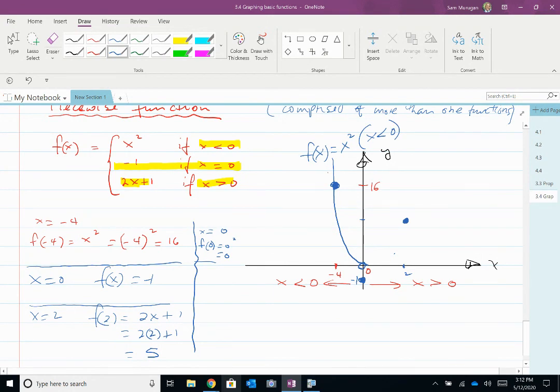Now we have an open dot here for the point, and let's talk about where this f of x equals 2x plus 1 is. Now this is for the case greater than 0, so we need to find out for x equal to 0 here. f(0) is equal to 2 times 0 plus 1, which is equal to positive 1. So when x is equal to 0 for the straight line, y is equal to 1.